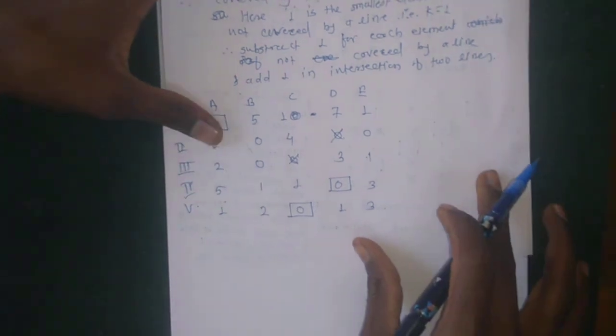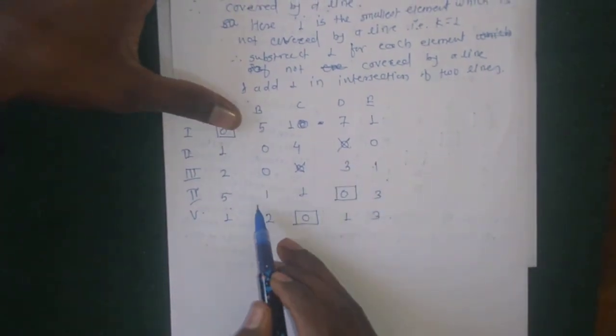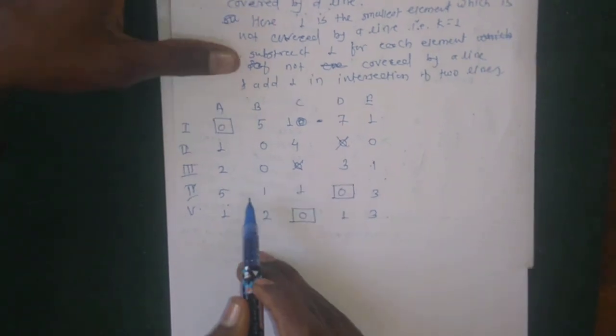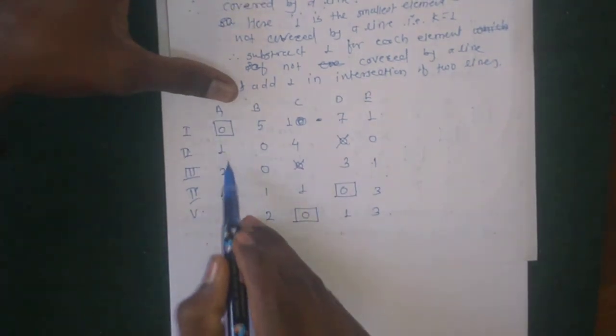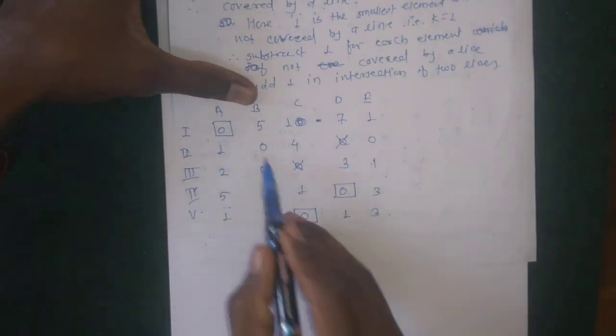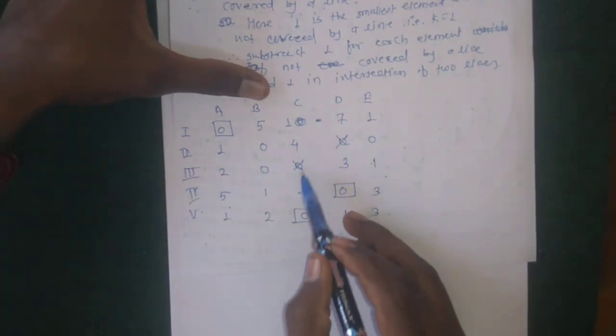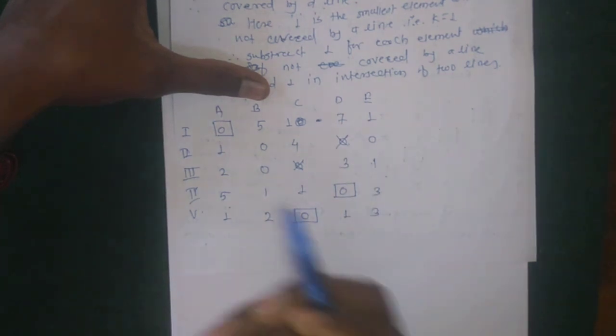Then next, select a column which contains exactly one 0. Here the first column is already assigned, there is no other 0. The B column contains 2 zeros, the third column has no 0 without assignment.